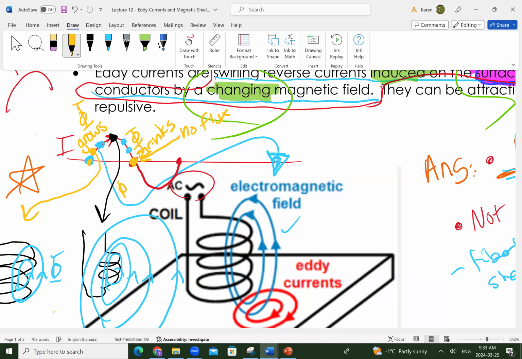And this flux, will it grow or will it shrink now? Because it went to zero. Is it going to grow or is it going to shrink because it's negative? Is it going to grow or is it going to shrink? I have one answer here. It is going to grow. Does everybody else agree it's going to grow?